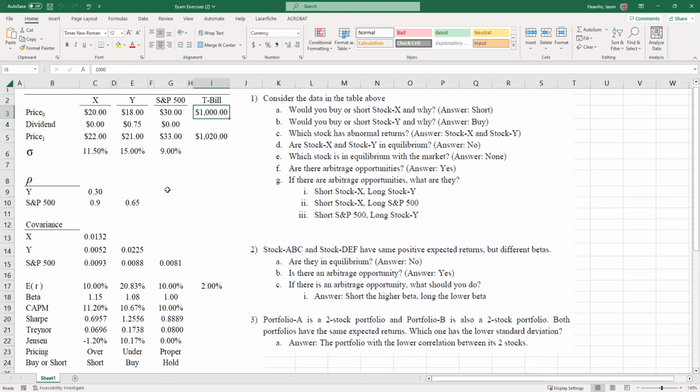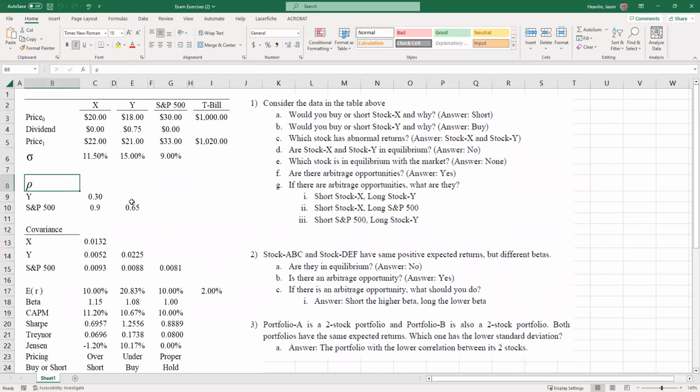All right, so the way to read the correlation table is: asset Y, could be a stock, but let's call it asset Y, the correlation between X and Y. The correlation between X and the S&P 500, 0.9. The correlation between the S&P 500 and Y, 0.65.